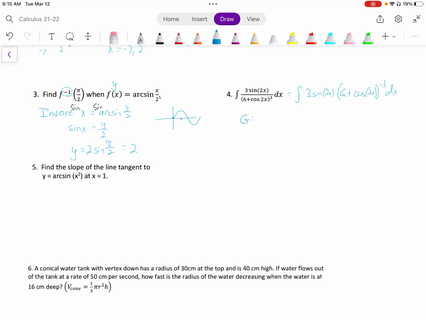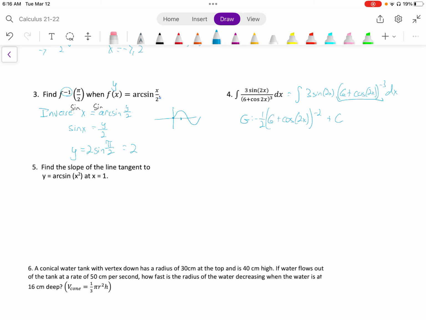And so think about integrating. Here's our main function. This will go up 1. So we have 6 plus cosine of 2x to the negative 2. And we bring the reciprocal out front. So negative 1/2 plus c.